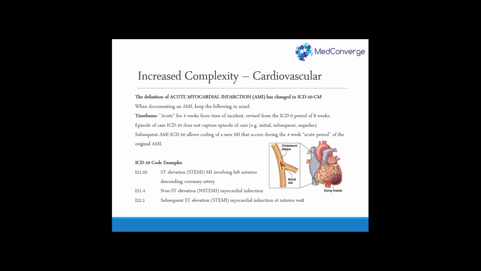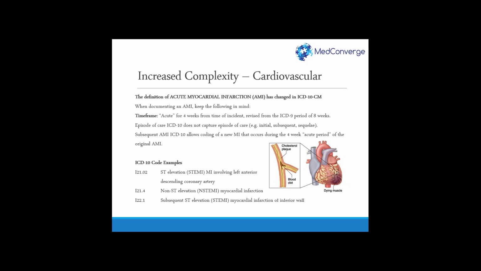This was not so defined before. We could just go with straight myocardial infarction, acute myocardial infarction. But now we need to define whether it's a STEMI myocardial infarction and of which artery, right? So is it the left anterior or the inferior wall? So even within the heart, which specific location was affected by the MI, right? And whether it's STEMI or non-STEMI, so all those details need to be in your documentation.